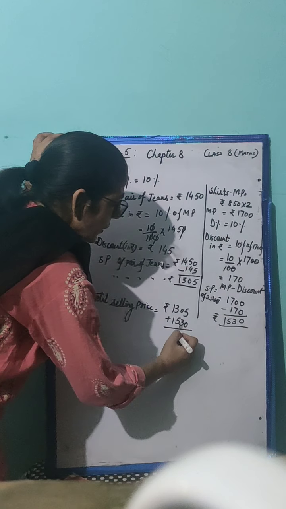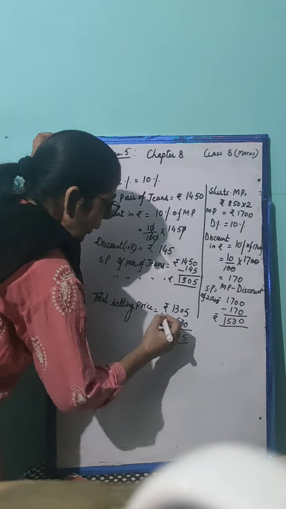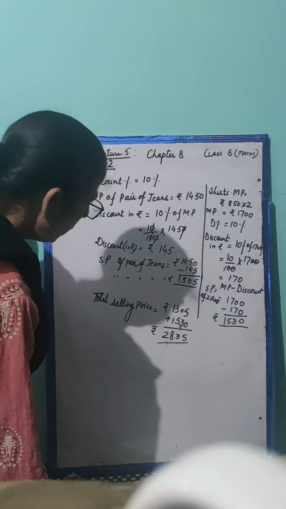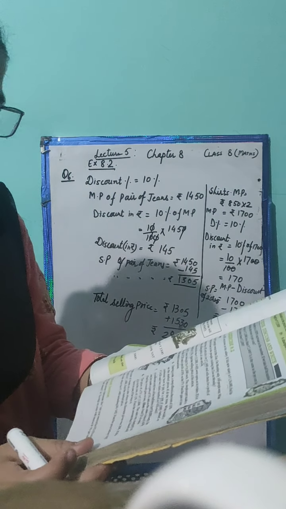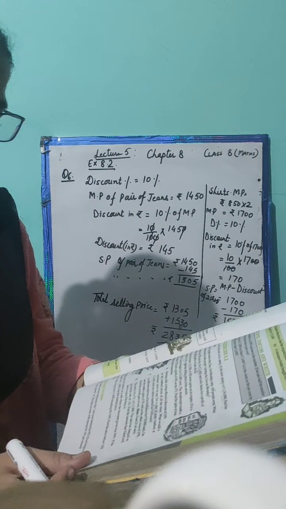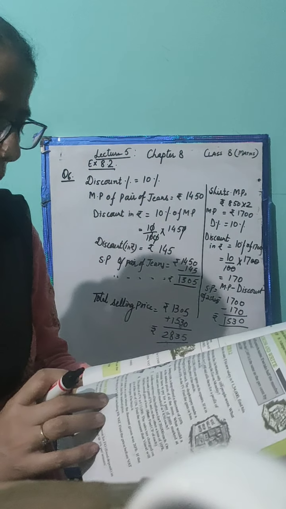What will be the answer? Rupees 2835. I think it is clear to you. Now, in the same way, you can do the other questions. Questions number 9 and 10 are on the same lines.